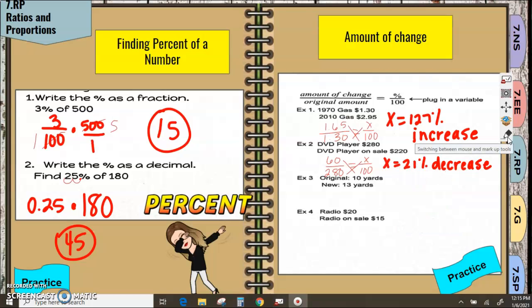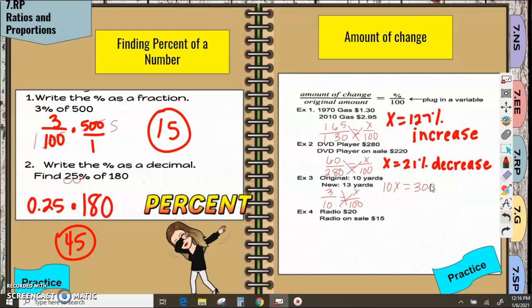All right, number 3. The original is 10 yards and the new is 13 yards. So the first thing I do is find the difference. 13 minus 10 is 3. Put that over the original and set it equal to x over 100. Now I have a proportion, so I'm going to cross multiply. 10 times x is 10x. 3 times 100 is 300.